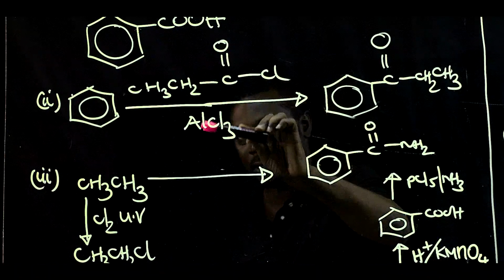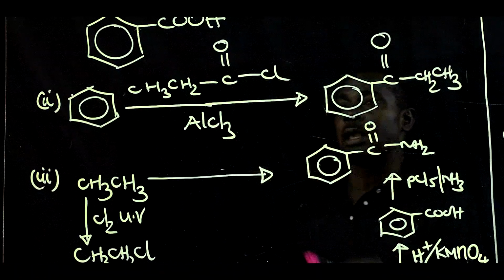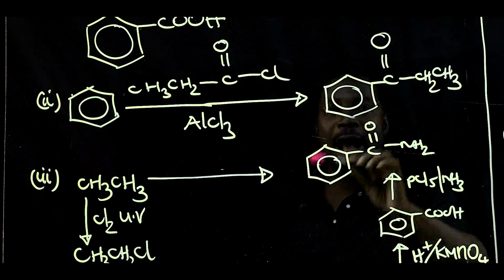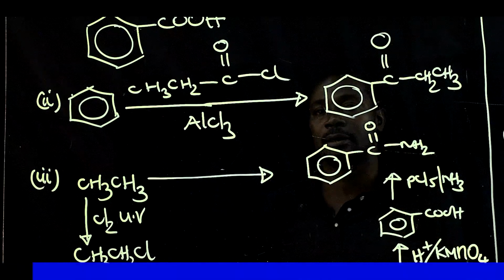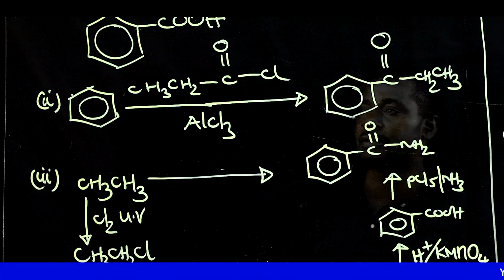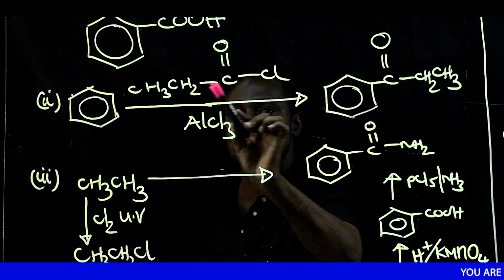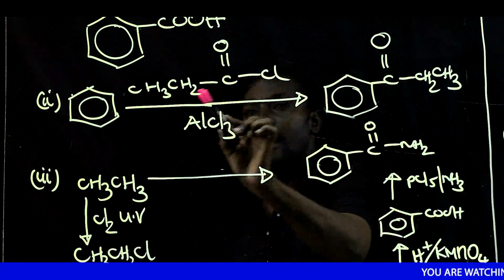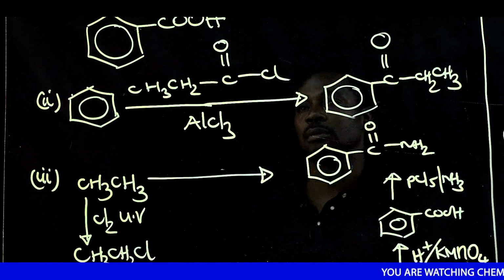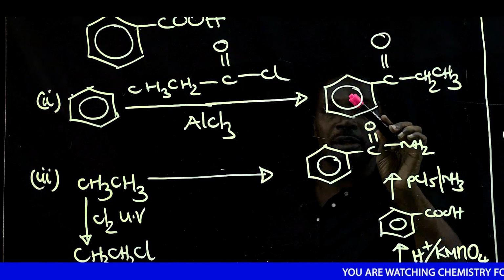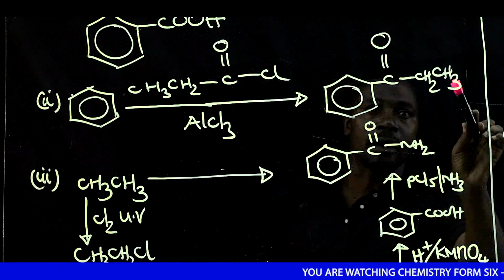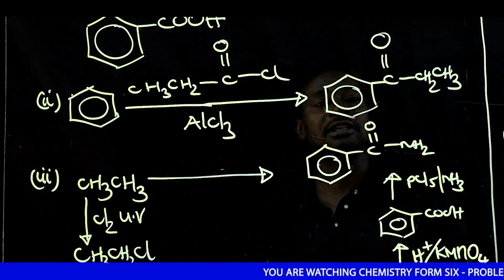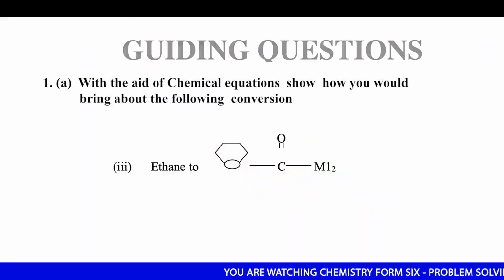And this reaction, remember student, is known as an acylation reaction, a chemical property of benzene. So when benzene is treated with acyl chloride having 3 carbon atoms, there is formation of benzene having attached propanone.